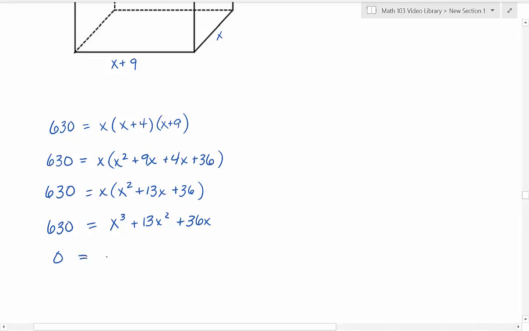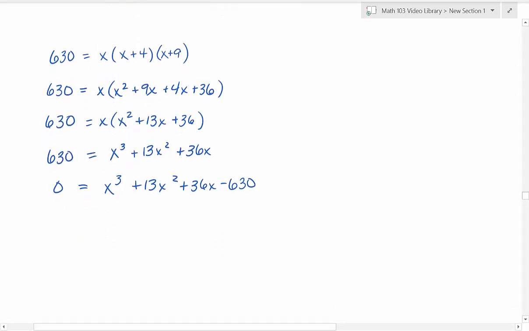Setting this equal to 0, we get 0 equals x to the third plus 13x squared plus 36x minus 630. Well, I want to factor this. Right away, I would try factor by grouping. I always try grouping when I have 4 terms. Take out an x squared.